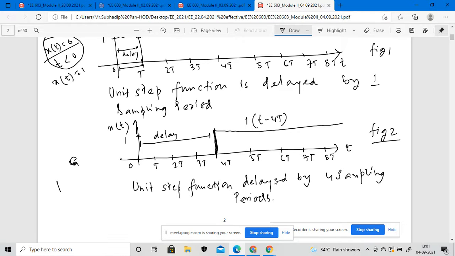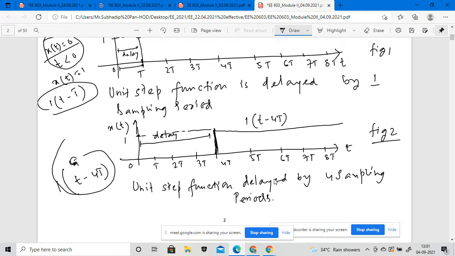The value of x of t will be 1. See over here, the value of x of t will be 1 into t minus 40, but here it should be considered as t minus capital T, right? So that will be the shifting of a unit step function. It may happen if I consider the unit ramp function, the delay must be increased.